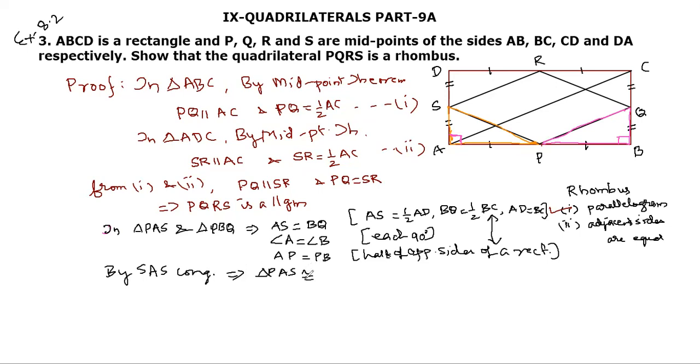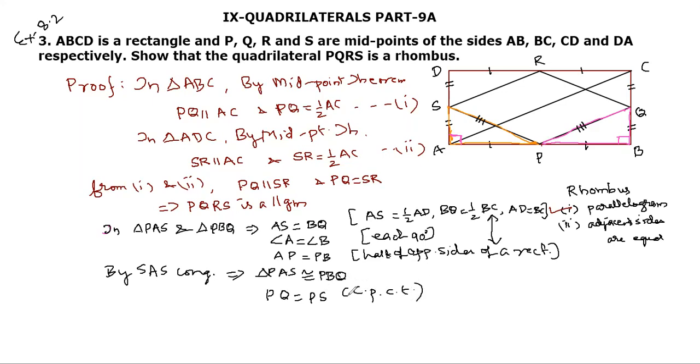When they are congruent, obviously the corresponding third sides are equal. So we got PQ is equal to PS by CPCT.